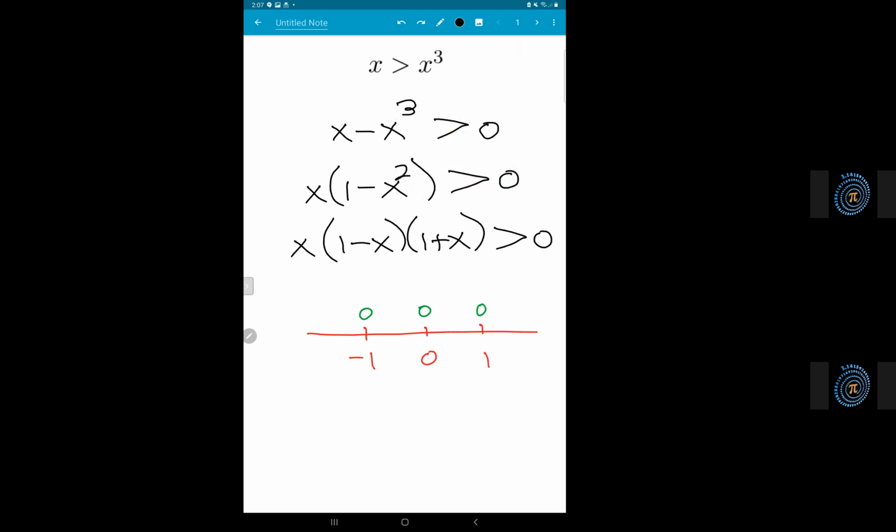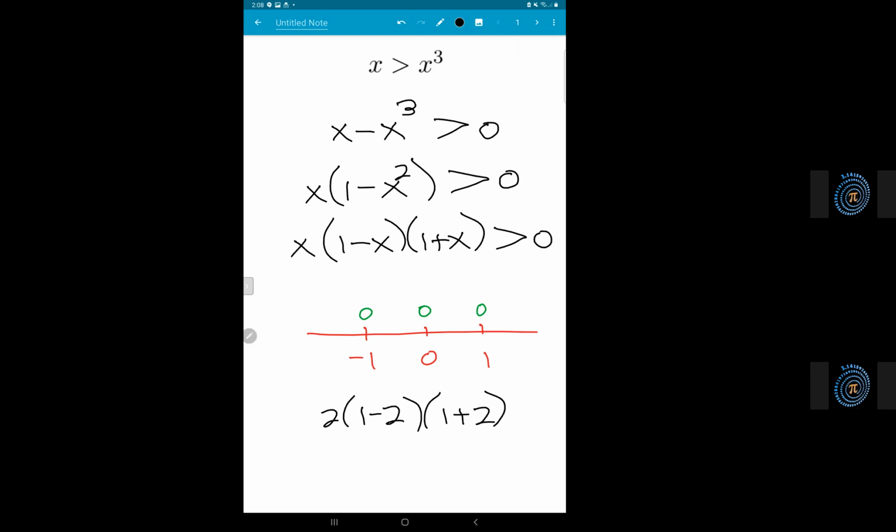And then you pick a test number for each interval. So let's start, let's say, with the rightmost interval. I'll pick 2. And if I plug in 2, notice you'll get 2 times 1 minus 2 times 1 plus 2. Actually, you need not compute the exact value. You just consider the signs of each factor.